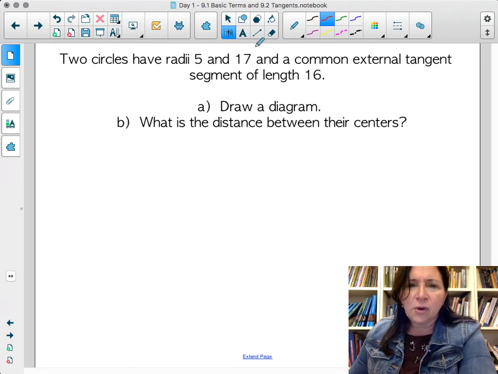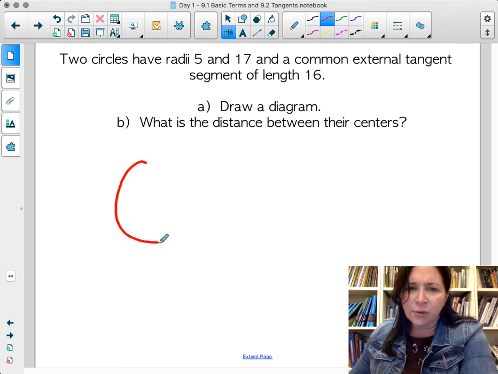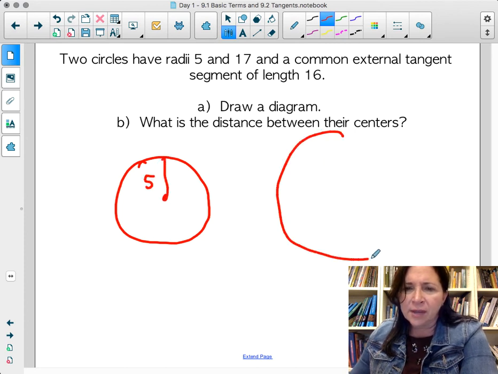All right, so what we have is two circles. We have a circle that has a radius of 5, and then a circle that has a radius of 17. It says you have a common externally tangent segment of length 16.